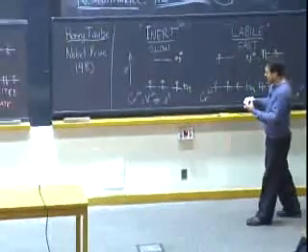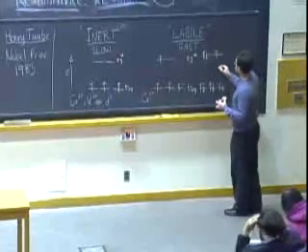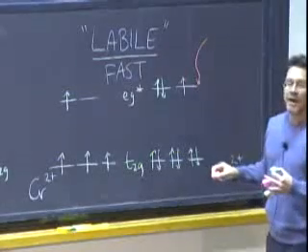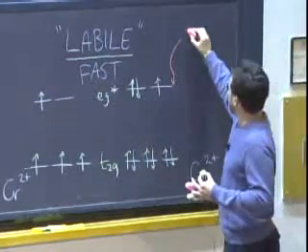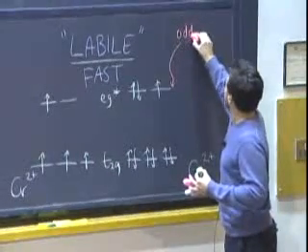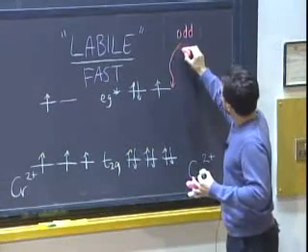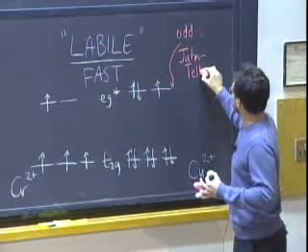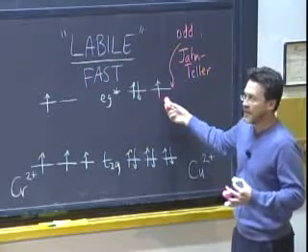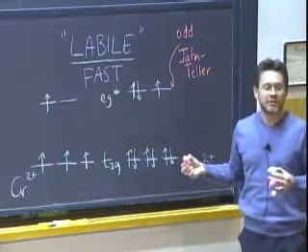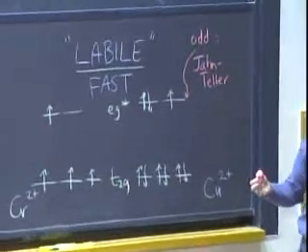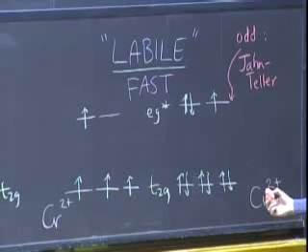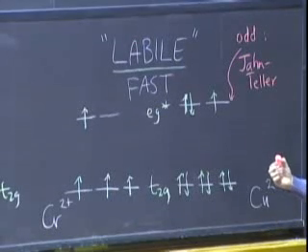There's an additional nuance, which is when eg* is occupied by an odd number of electrons, we can get what's called a Jahn-Teller distortion. And that distortion is a structural response to the odd electronic population of eg*. It's a distortion of the molecule that makes these systems, the chromium 2+ and copper 2+, the fastest of all the 3d metal ions for exchanging water molecules.